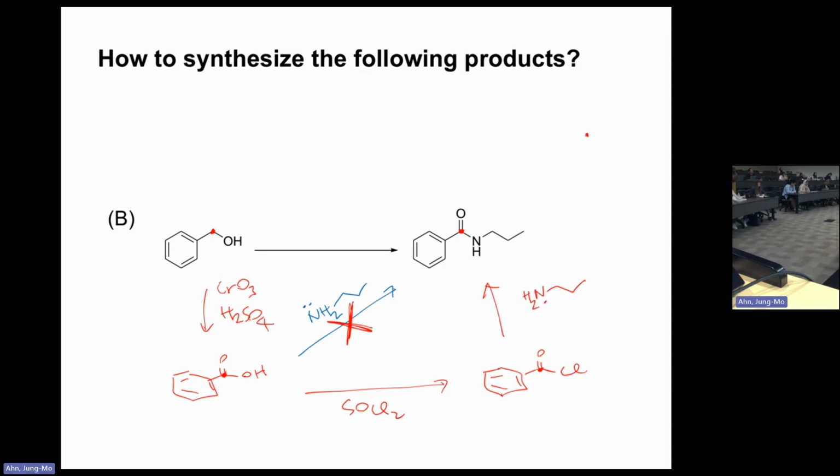So the amine that you want to use there is going to make an attack, right? That's going to make a tetrahedral intermediate. But since we have a leaving group, it will make the carbonyl back and then the chlorine goes. That basically forms an amide if this proton goes away. So it works.